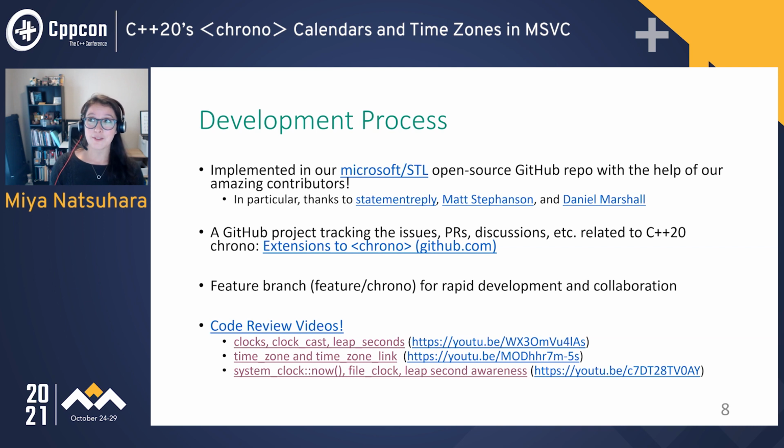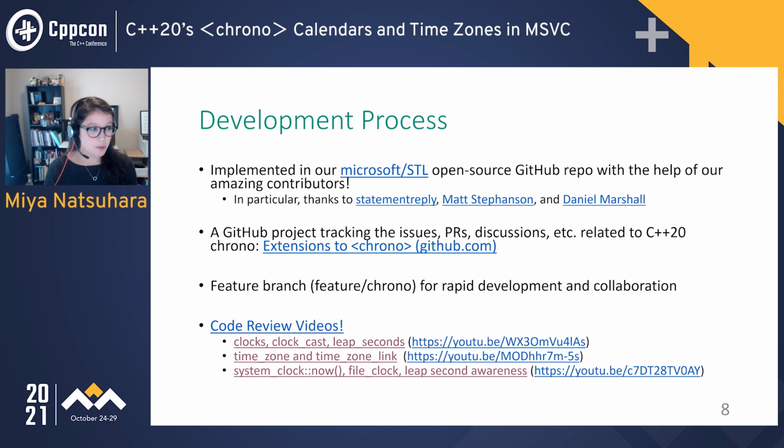It is a lot of work. So there's absolutely no way that we would have been able to finish all of this work on this timeline without the help of our contributors. So I'm calling out a few here who were particularly active on the chrono side of things over the last year or so and made really big contributions. So it really did take a lot of help from the community to get this up and running.